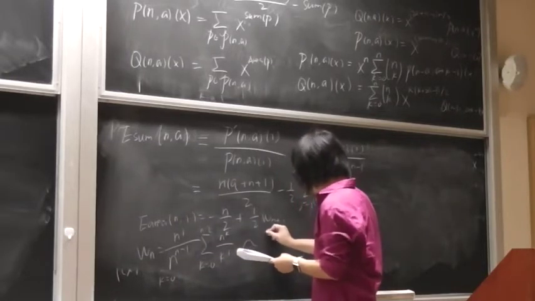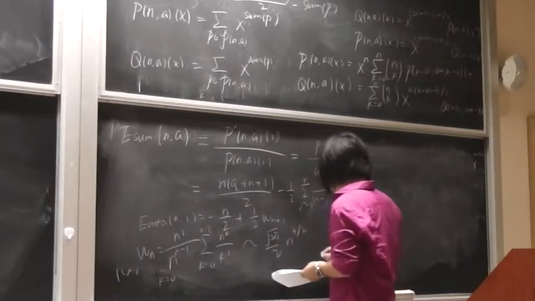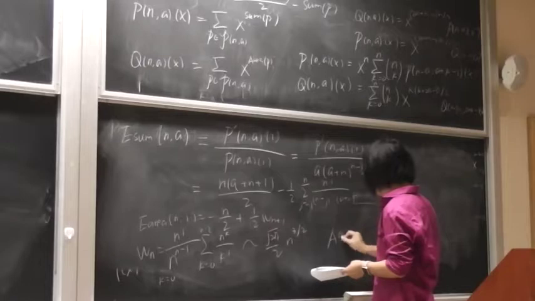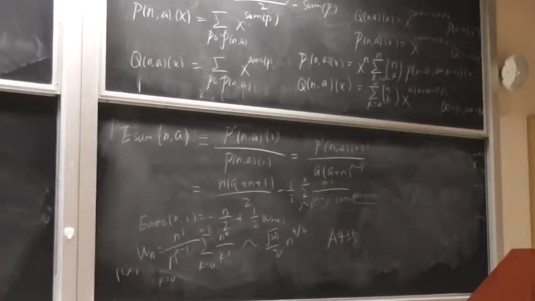It's asymptotic to n to the 3 halves, and there's a sequence in OEIS, A435. And it's a very important sequence. It's the first sequence in OEIS.